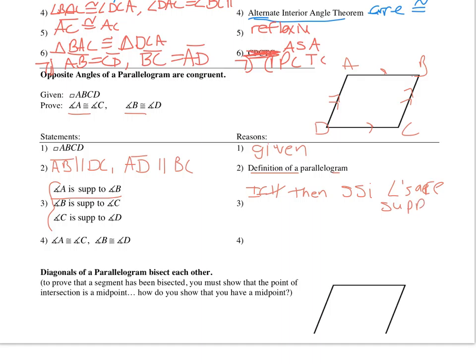Number 4, I'm saying A and C are both supplements of B. So therefore A is going to be congruent to C. B and D are both supplements to C. So then B is going to be congruent to D. And this is the theorem that if 2 angles are supplements of the same angle, then the 2 angles are congruent.